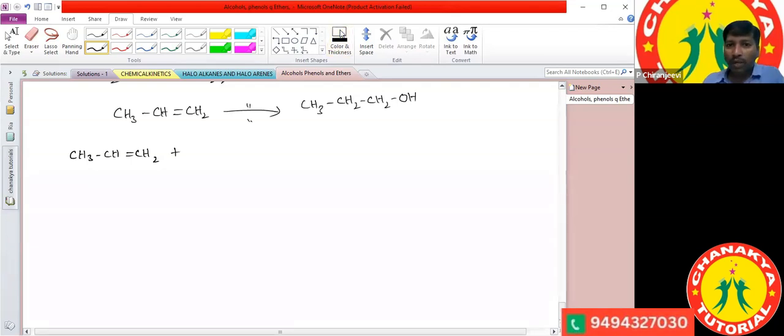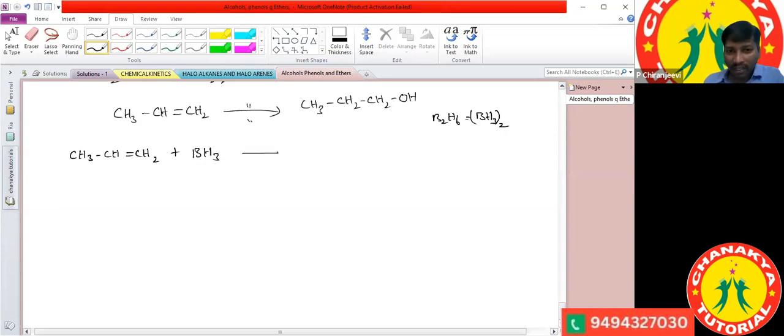Actually, B2H6 is the dimer. What is the monomer of this? BH3. BH3 taken twice gives B2H6, with 2 boron atoms and 6 hydrogens. So I'm taking the monomer BH3.